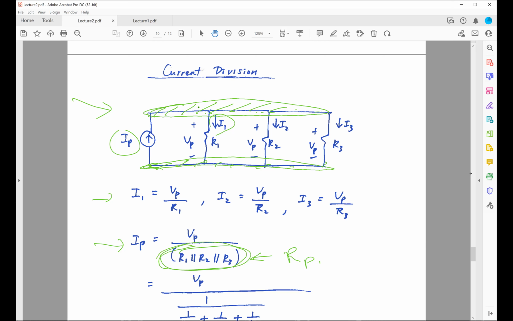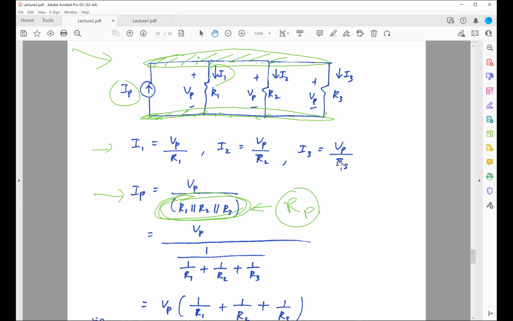So that's why I wrote it this way. We know this is Vp, and this is just Rp. And we know from the earlier derivation that Rp is nothing but, in terms of resistors, 1 over R1 plus 1 over R2 plus 1 over R3.